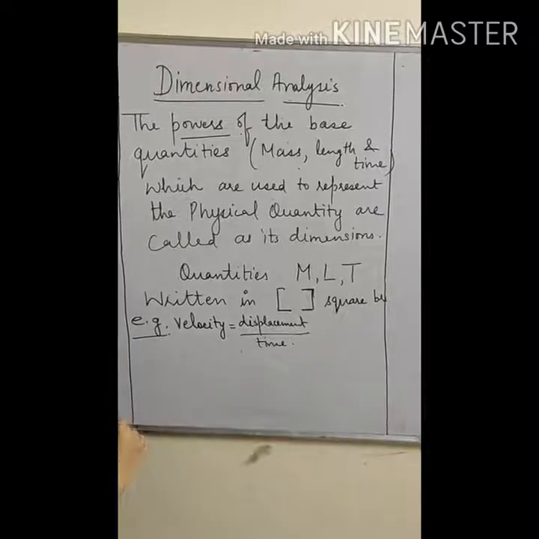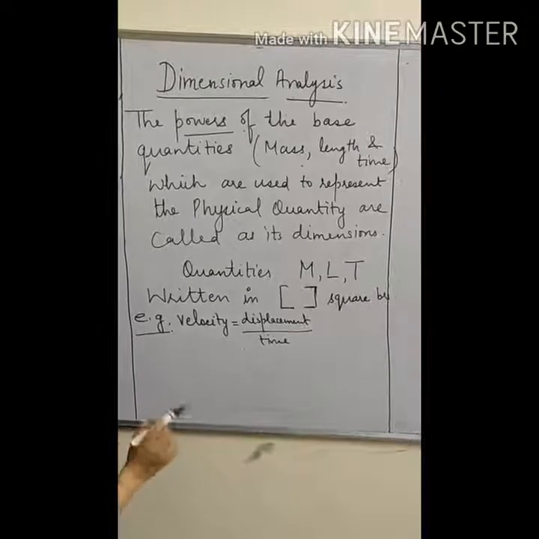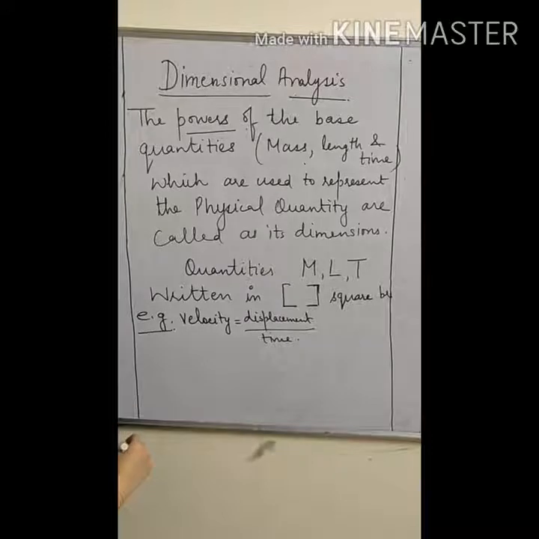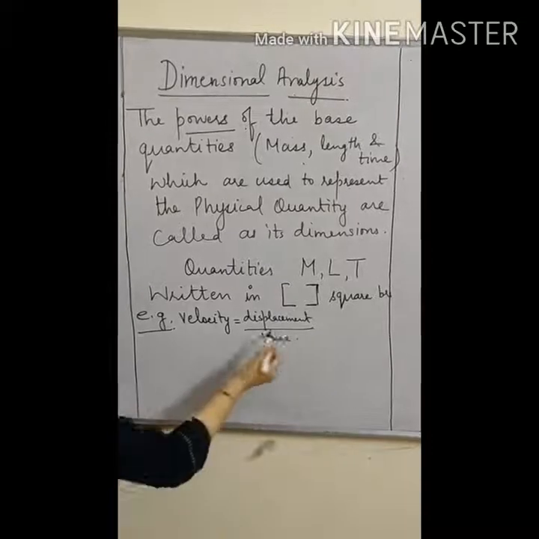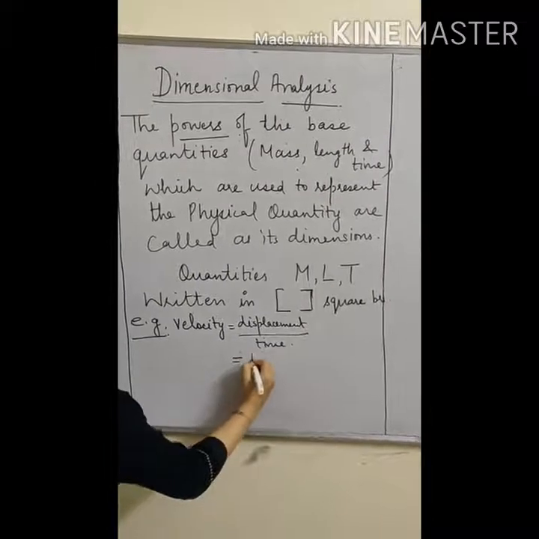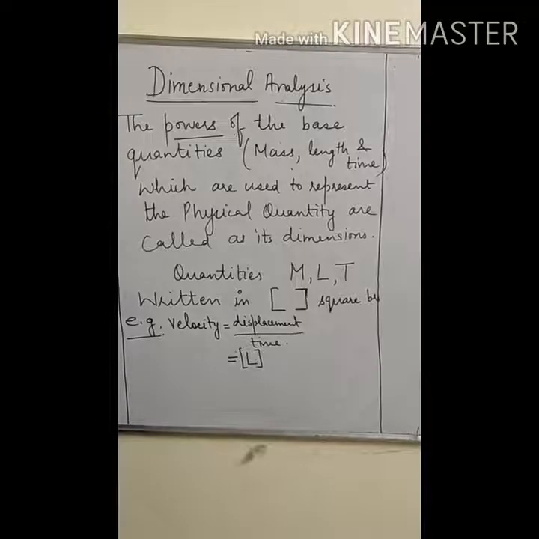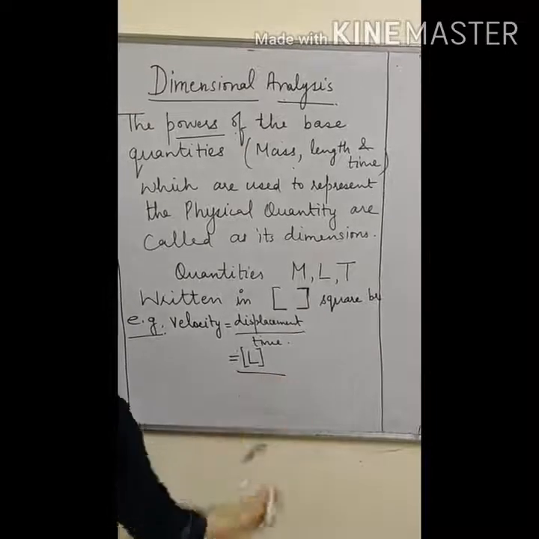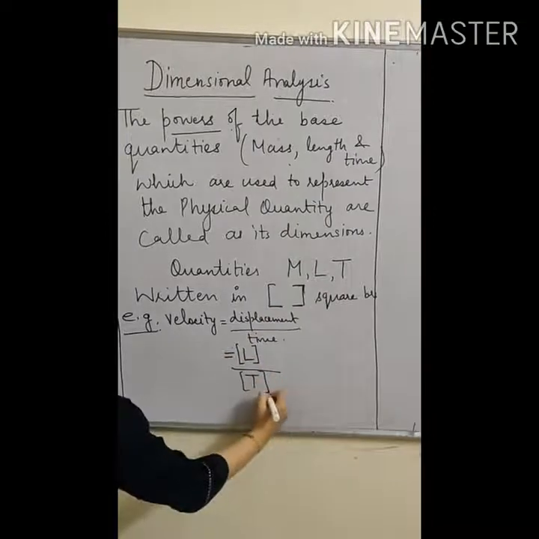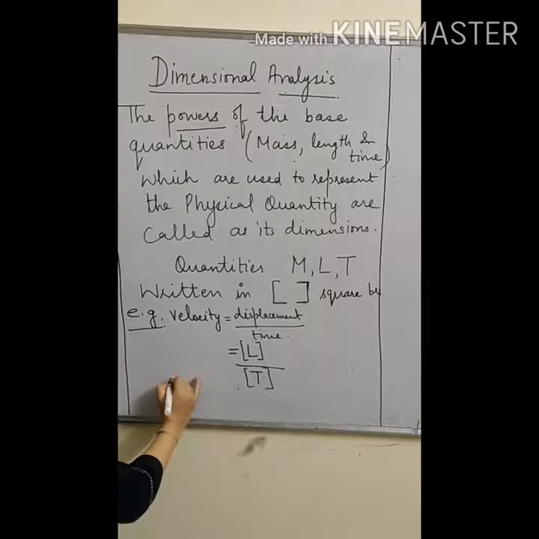Any quantity which is measured with the help of a scale or a ruler comes under the category of length, meaning its dimensions will be equal to L. Displacement is also measured with the help of a ruler, so its dimensions would be L. Writing the square bracket means you are writing the dimensional formula. Divided by time, which as you know should be capital T. Then the dimensional formula for velocity will be.